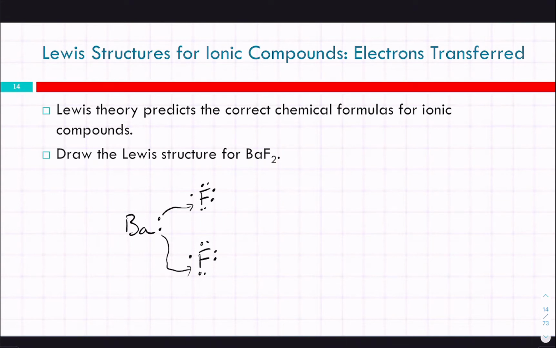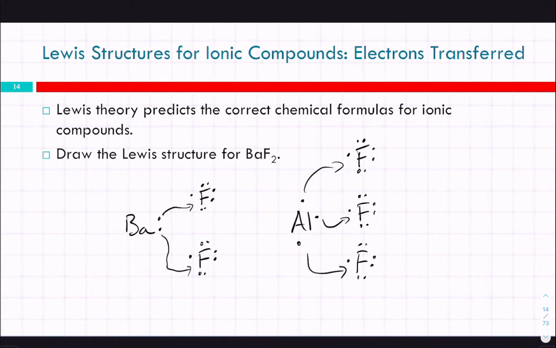If we had something like aluminum, which has 3 electrons, then we would need 3 fluorines to give those electrons away to. So we go 1 here, 1 up there. This is why when you name ionic compounds or write the formulas for ionic compounds, you match the charges so that they add up to 0.